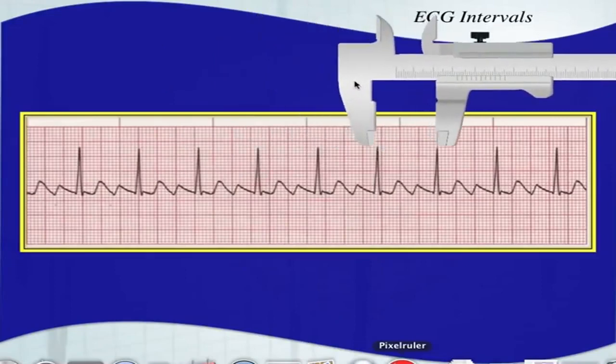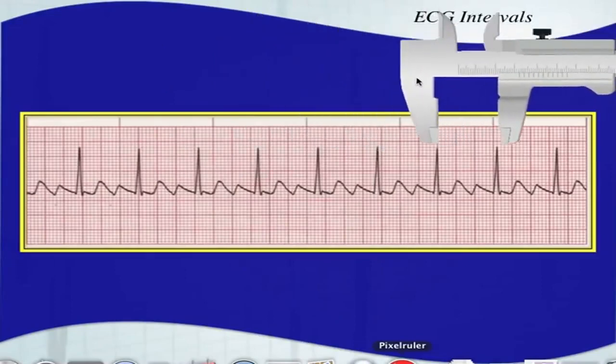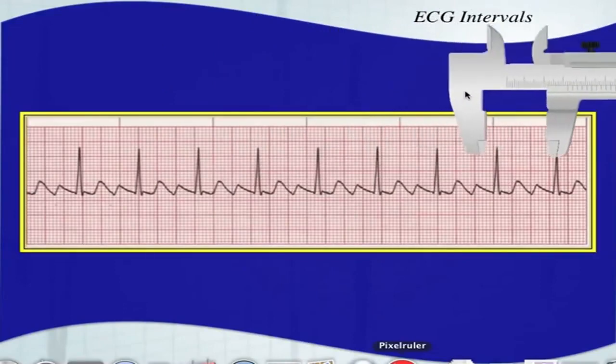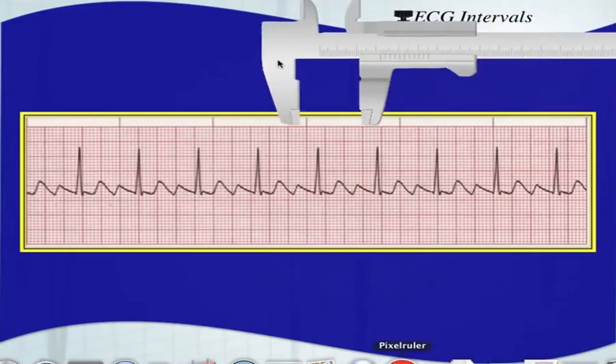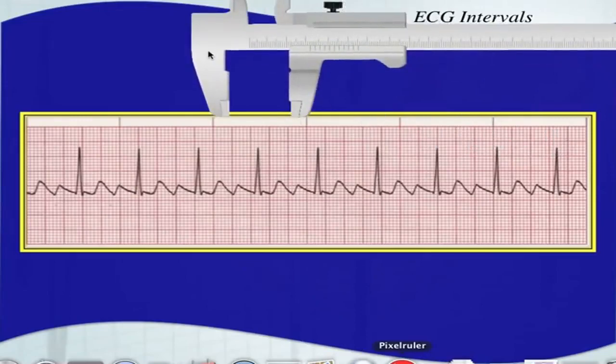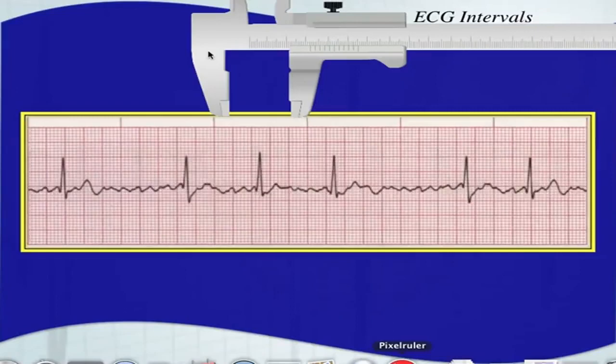And yeah, you could pretty much eyeball this, or you can count the small boxes or large boxes between the QRS complexes and see if they match up with the next, and so on and so forth. There's many different ways to do it. But sometimes, depending on the rate of the rhythm, it could be very difficult to identify regularity. Let's take a look at another one.